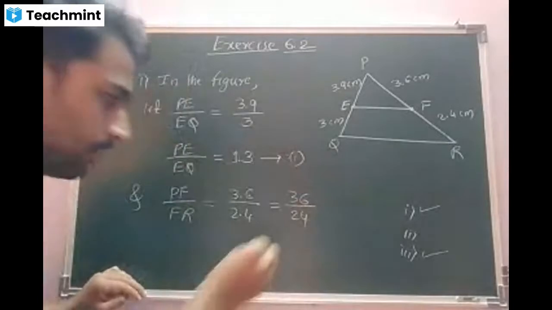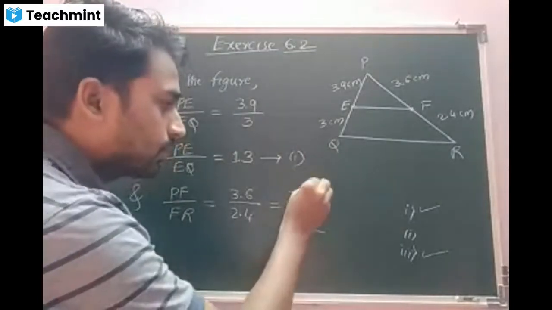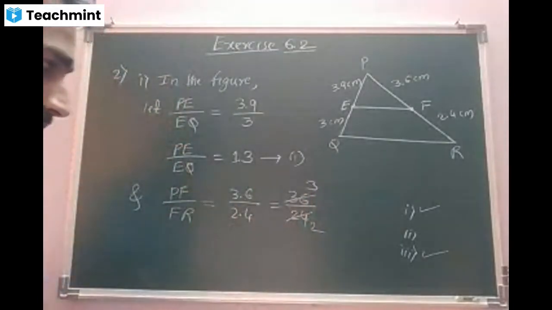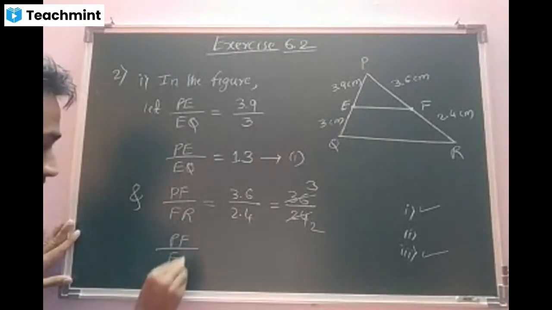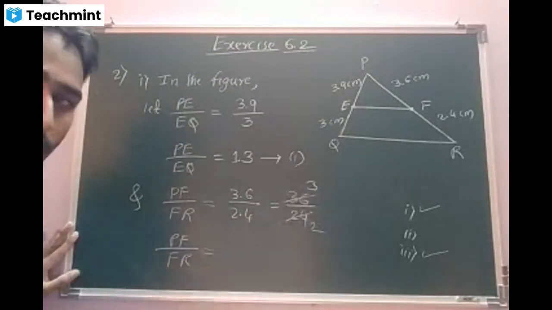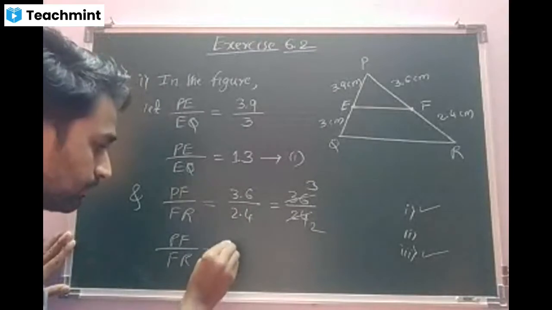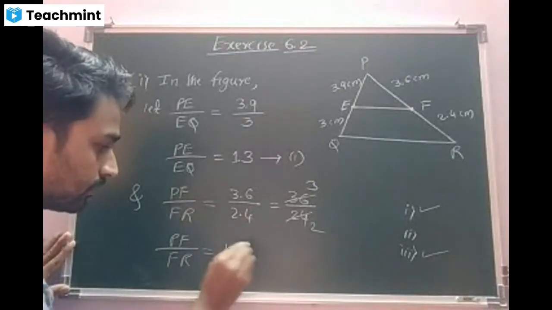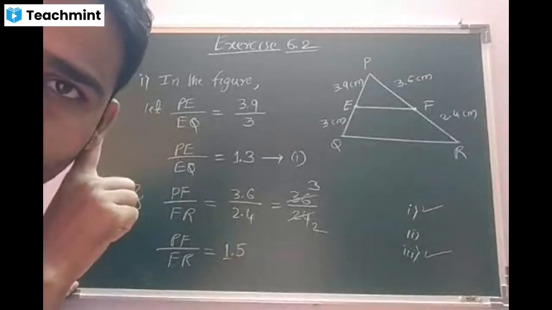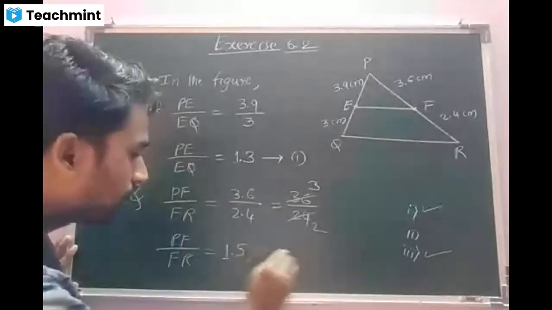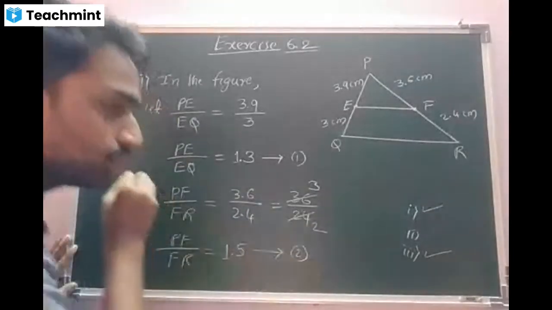It doesn't matter. 12 2s are 24, 12 3s are 36. Am I right, beta? Okay, tell me, what is the final answer? 3 by 2. How much? 1.5, sir. 1.5. This is equation number 2.